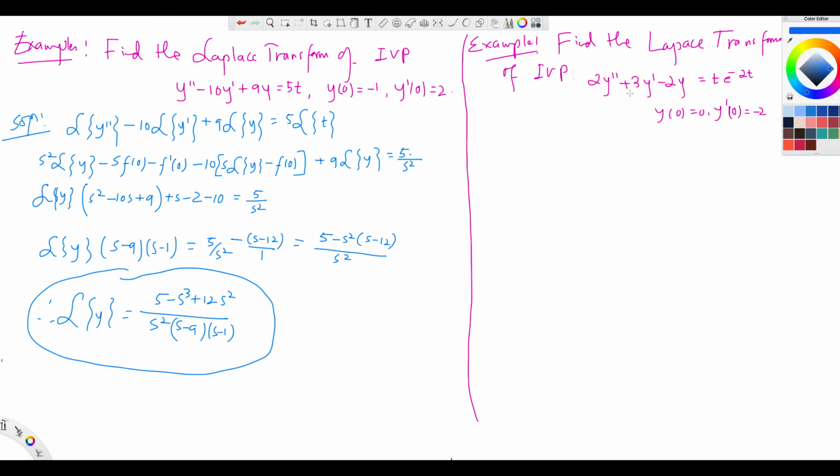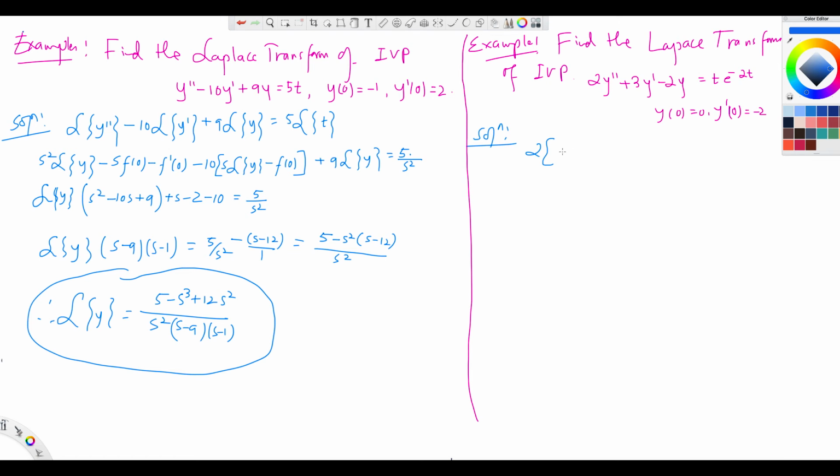We are trying to find the Laplace transform of the solution of this problem. Okay. So the solution of the initial value problem there. So let us do that. What is the Laplace transform of y double prime? It is basically 2 is outside, right?